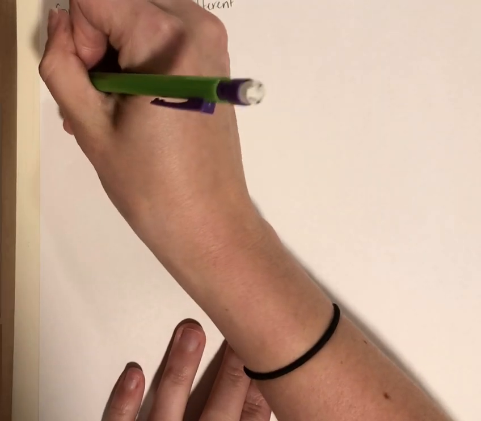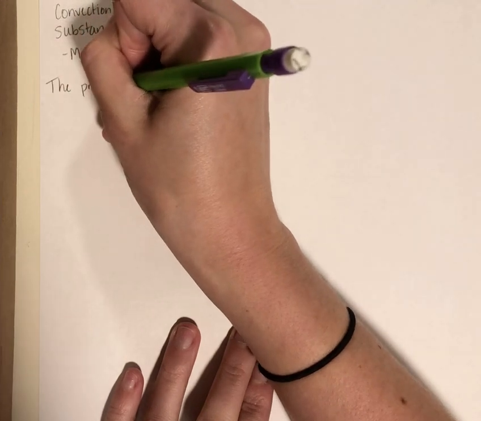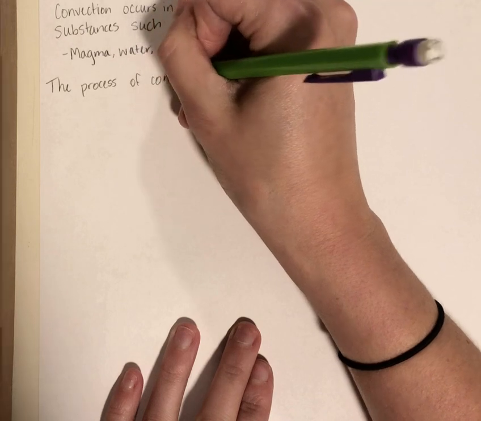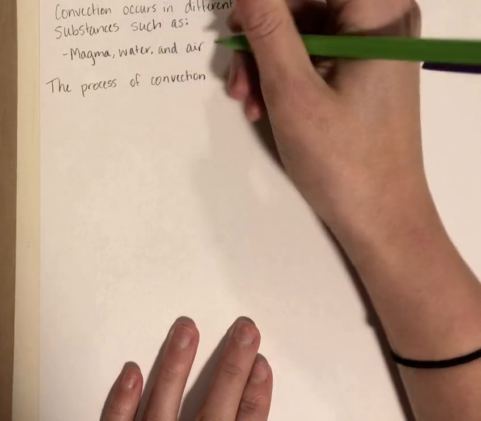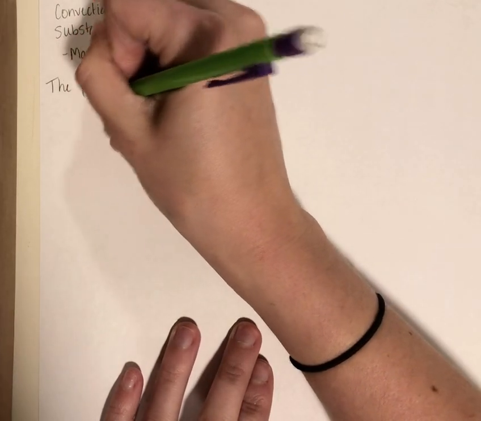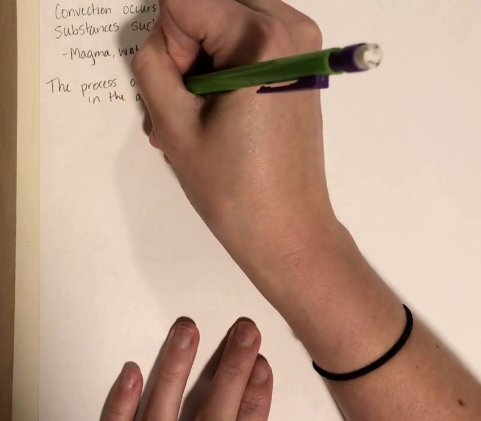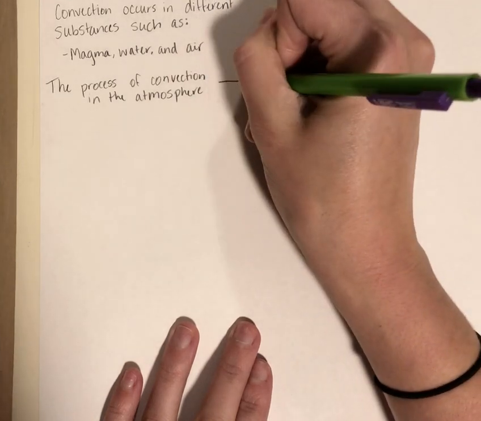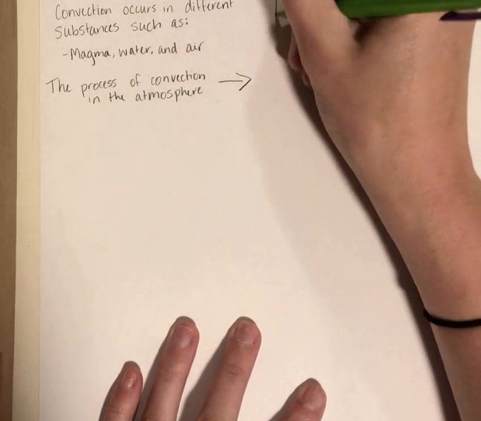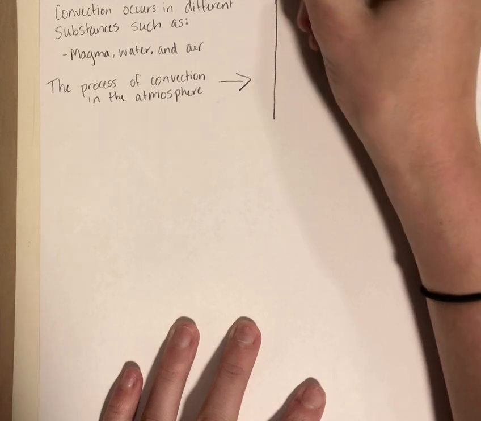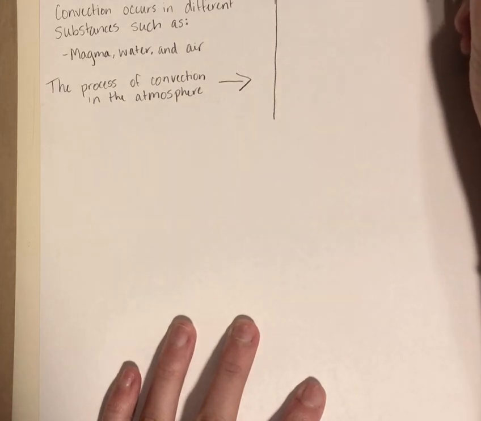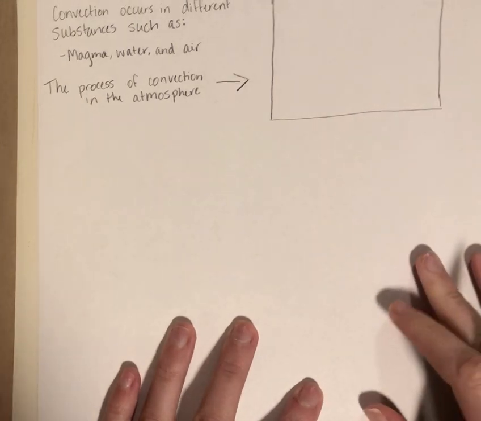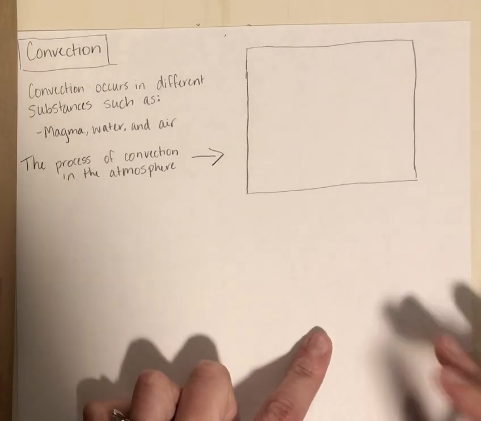So the process of convection in the atmosphere, and we're going to draw an arrow this way because now we are going to draw it. Okay.